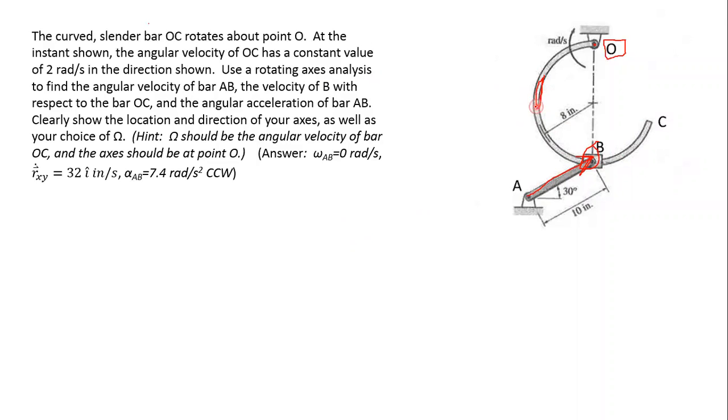If I was right here, my velocity would be going straight down. That would be my speed. And then maybe I have a tangential acceleration too, depending on if I'm speeding up or not. But in this case, we don't know for B if we're speeding up or not.